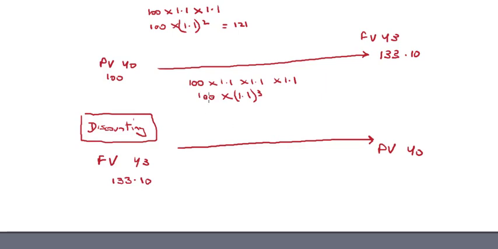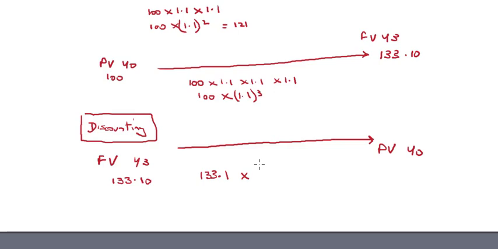Well, we do the opposite of compound interest. So we start with 133.1, which is our future value, and instead of multiplying by 1.1 3 times, we're going to divide. So how do we divide by 1.1?